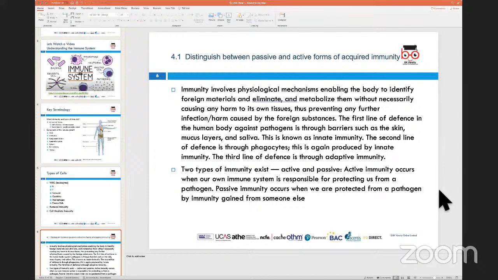But your body remembers that this particular pathogen produces this antigen, and it saves that information in terms of memory, within the T memory cells, so that if it is to happen again, these antibodies can be sprung into action pretty quickly, and they would help you stop the spread of infection.